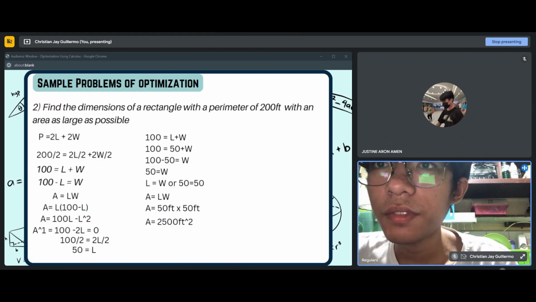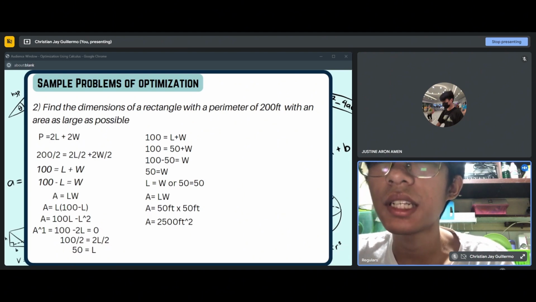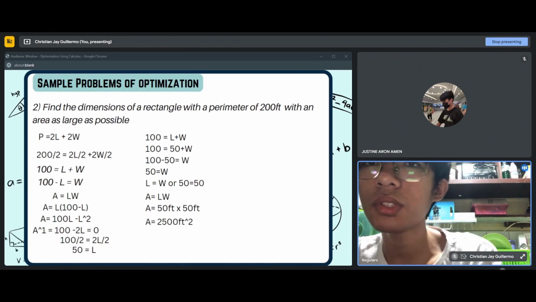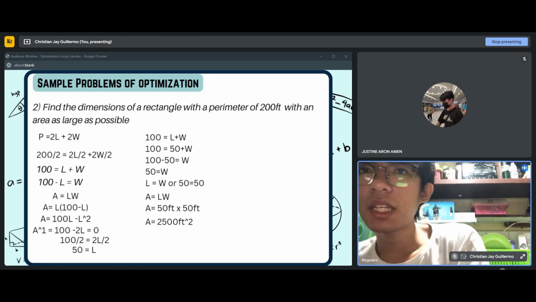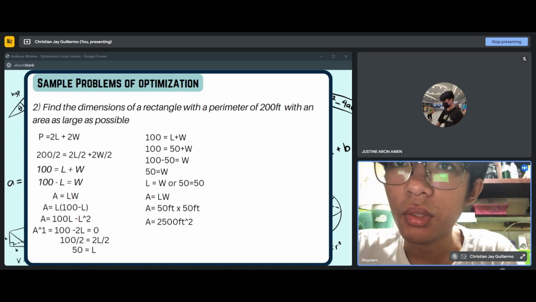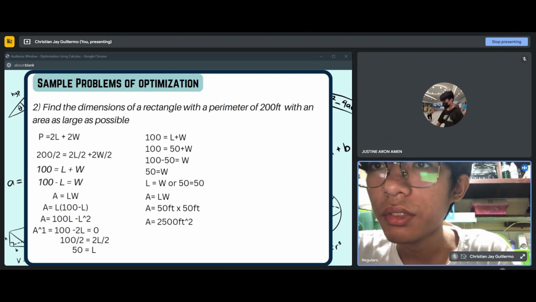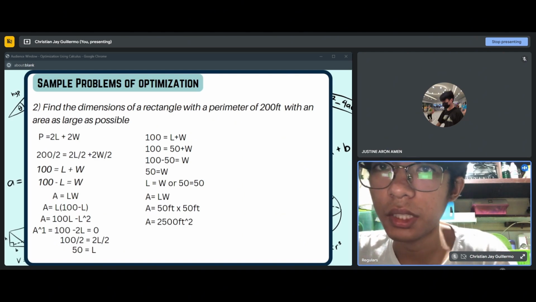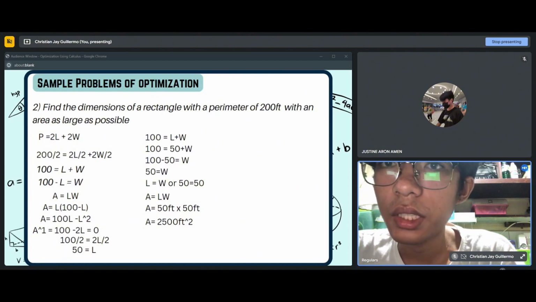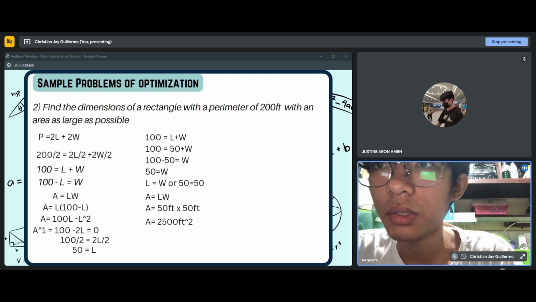Find the dimensions of a rectangle with a perimeter of 200 feet with an area as large as possible. So, yung formula natin dito is P is equal to 2L plus 2W. Yung given dito is 200 feet nga. Yan yung perimeter natin. So, 200 is equal to 2L plus 2W.